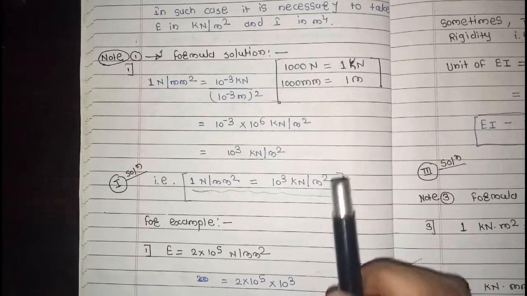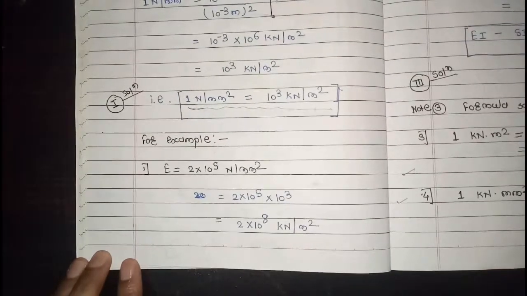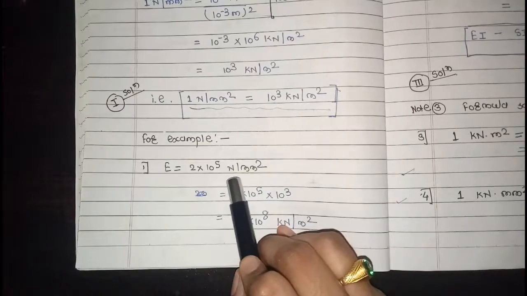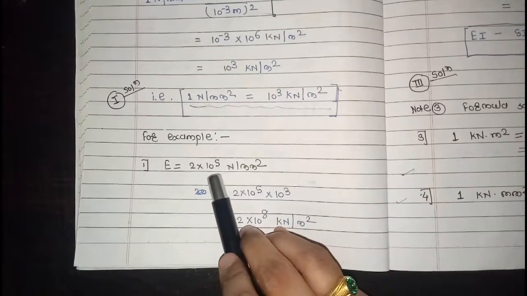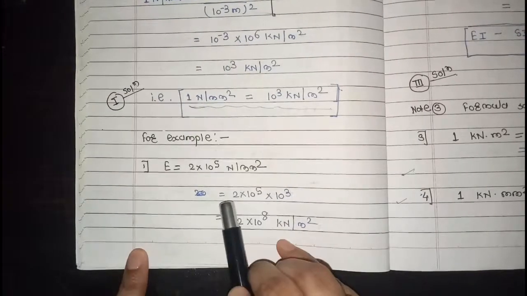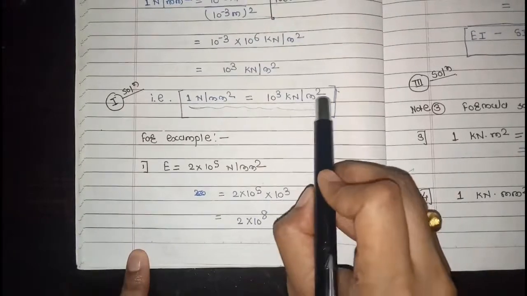For example, capital E is equal to 2 into 10 to the power 5 Newton per mm square. Convert it to kilonewton per meter square.